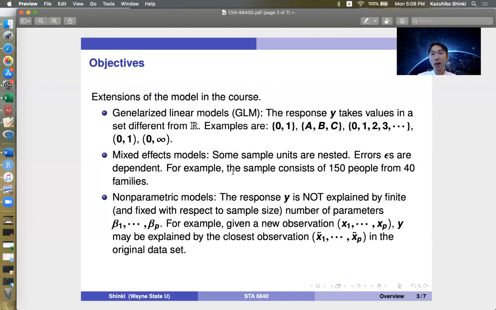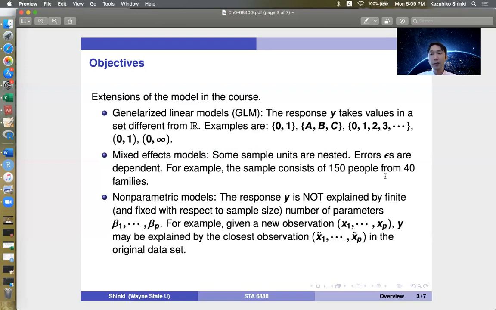We do a survey on 150 people, but we don't have enough budget to take 150 independent people. So we select 40 families and do the survey on those 150 people in the 40 families. In such a case, the people in the same family have some relationship.